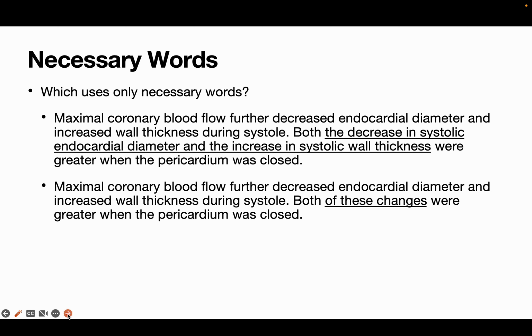Both of these changes were greater when the pericardium was closed. Obviously, the second example uses only necessary words, and you can see that using only necessary words makes the information easier to understand.